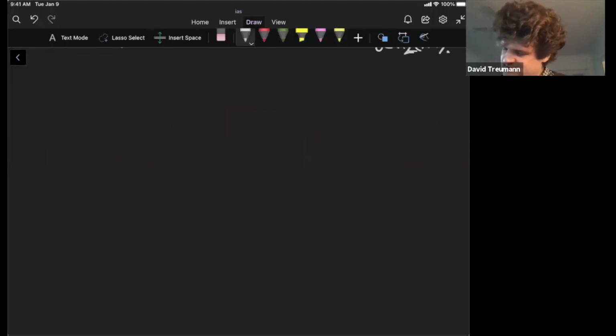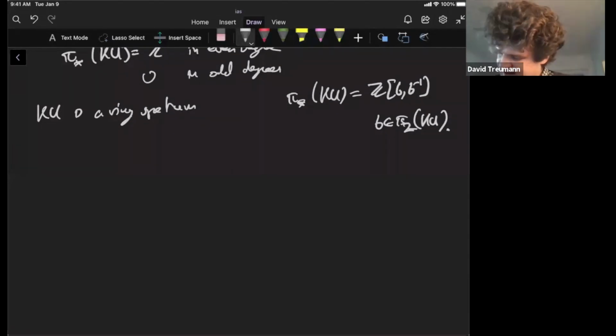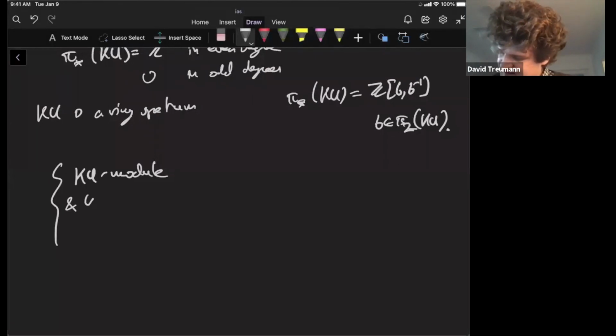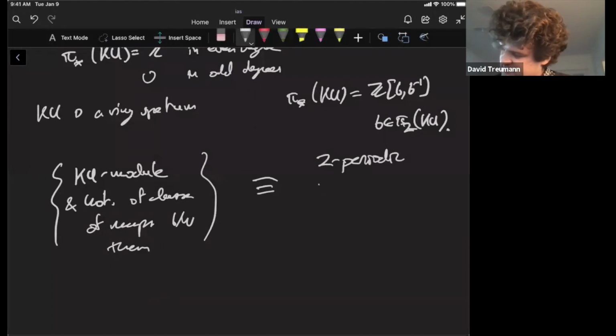Basically, the modules for KU are easy to understand, or at least easy to classify. The category of KU module spectra, and homotopy classes of maps between them, is equivalent to some two-periodic version of the derived category of abelian groups.